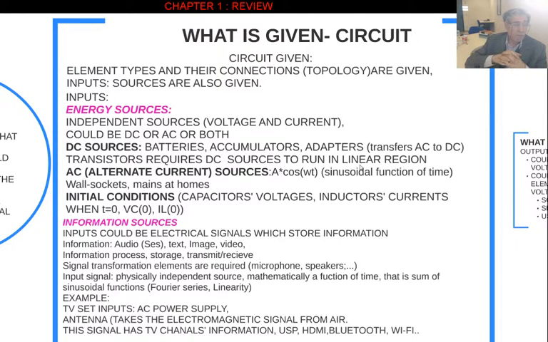They are very common. You could see these DC sources in your telephones, for example. You've got batteries, and laptops have got batteries, and in all the other devices, DC sources are inside the device. That means you've got to use adapters.